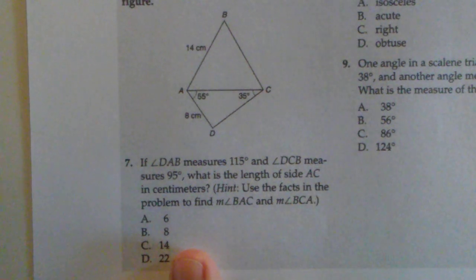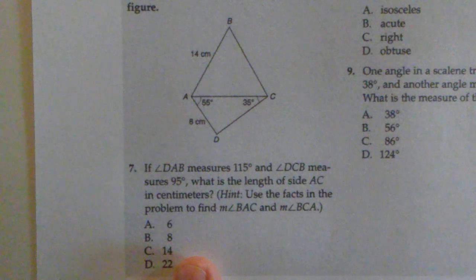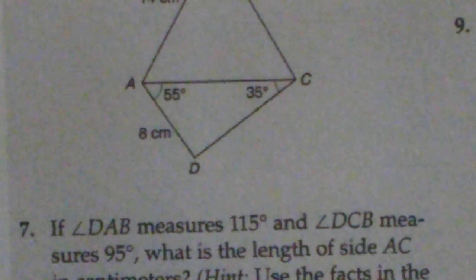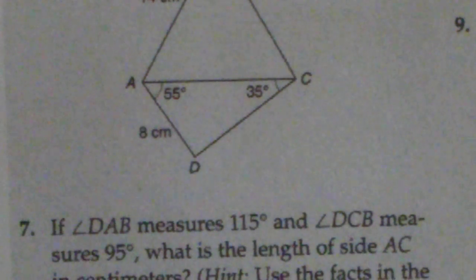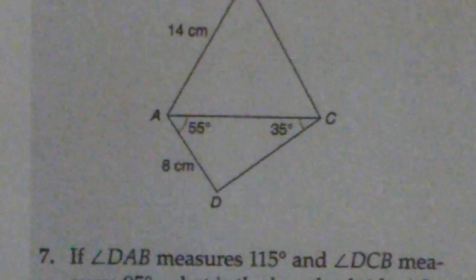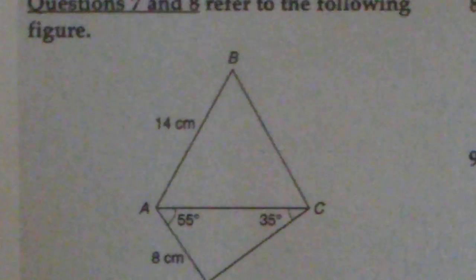Okay, let's try to figure this out. So it tells us angle DAB. Now, when it gives you an angle like this, the A has to be the vertex, the one in the middle. So it goes D, A, and B is up at the top there, right? So that angle is 115.